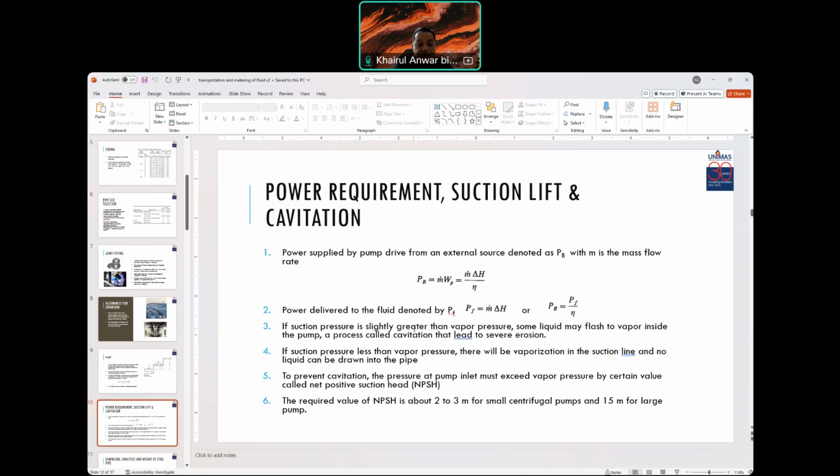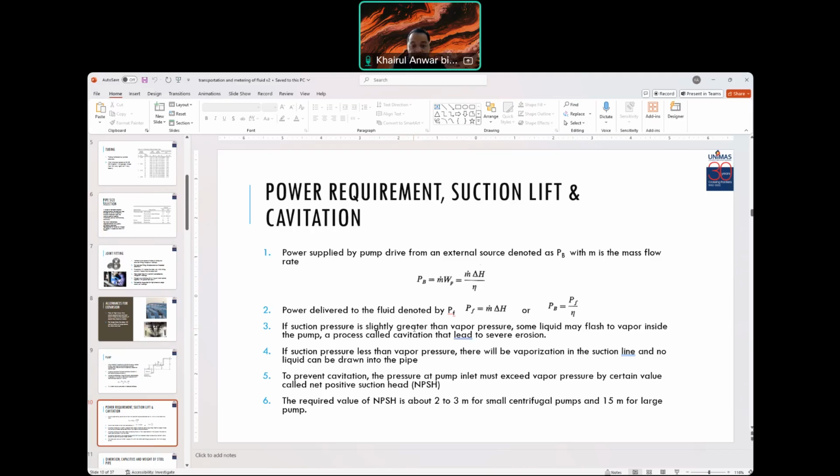So if the suction pressure is slightly greater than the vapor pressure, referring to the vapor pressure of the liquid, if it's water then the vapor pressure of water, some liquid may flash to vapor. If the suction pressure is less than the vapor pressure, there will be vaporization in the suction line, and no liquid can be drawn into the pipe.